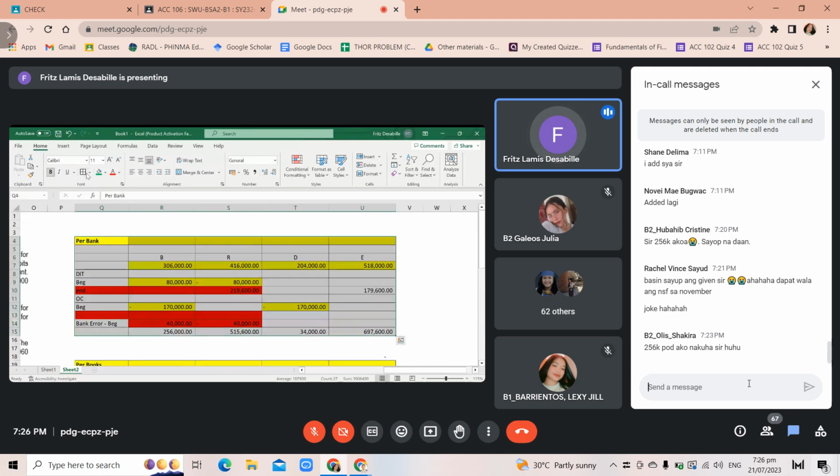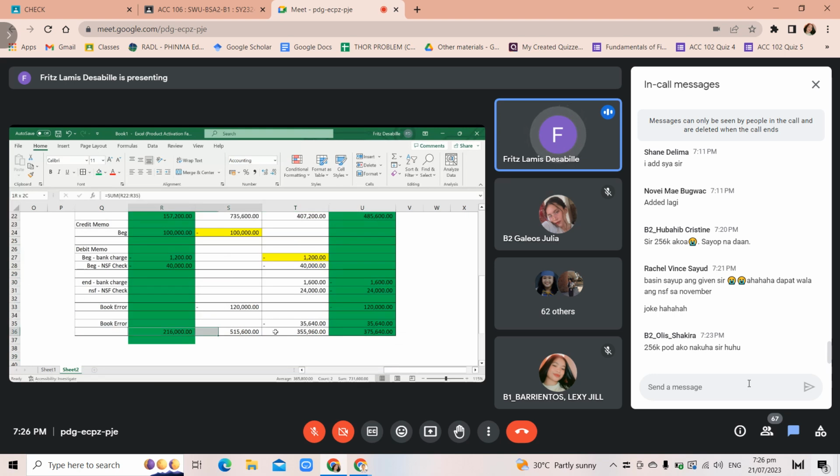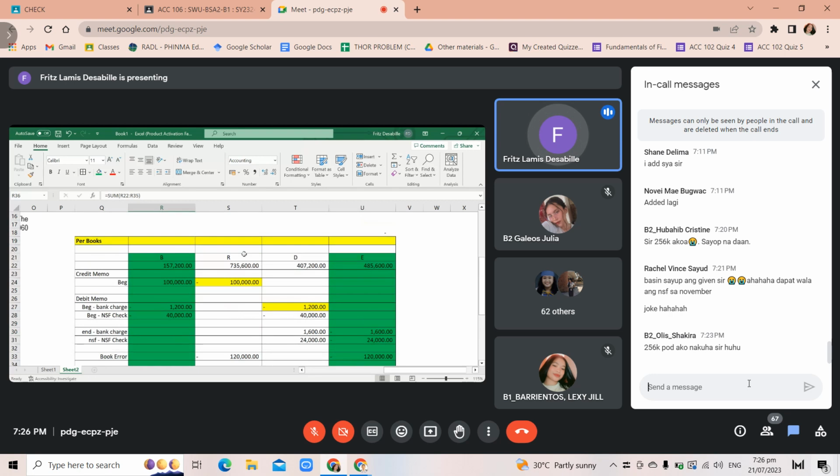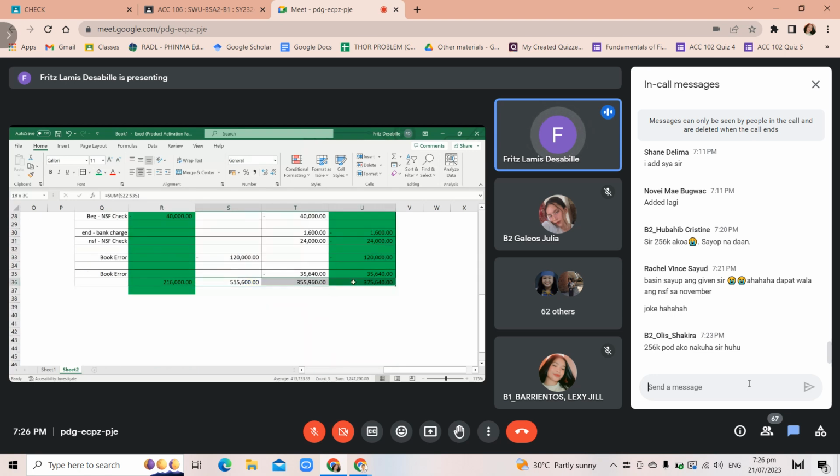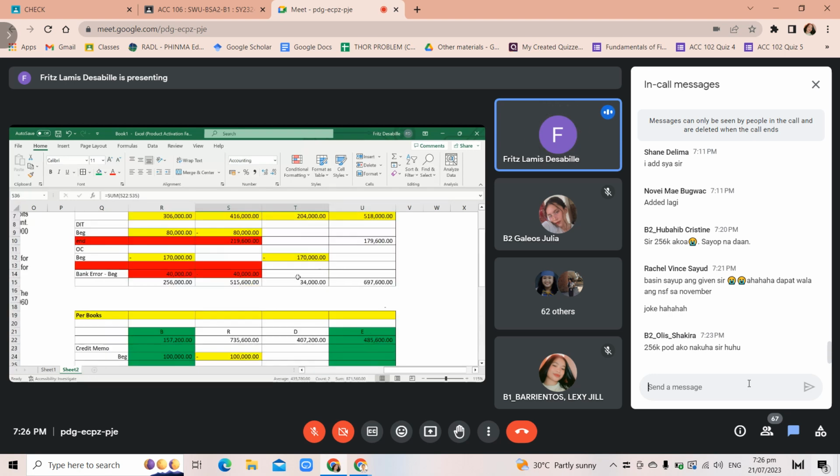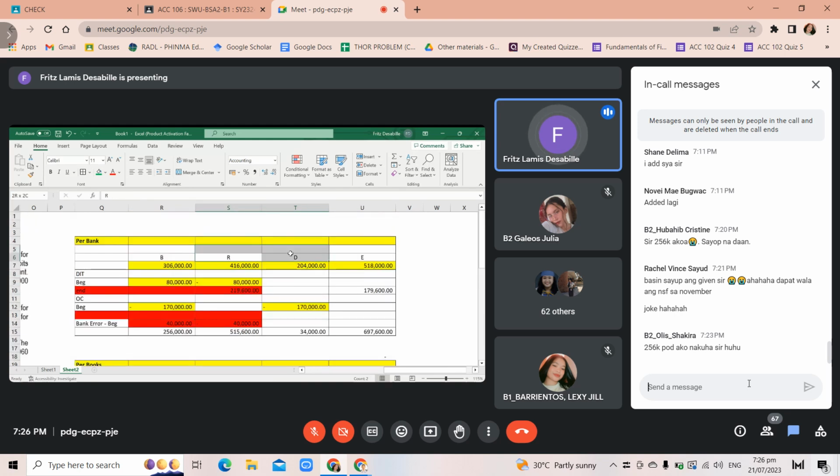I-complete na ako na siya because the question would sometimes not limit you on the ending balances, but sometimes would ask you how much is the receipts and how much is the disbursements also adjusted. So in this case, since the outstanding checks and deposit in transit are not given, you have to solve for it.